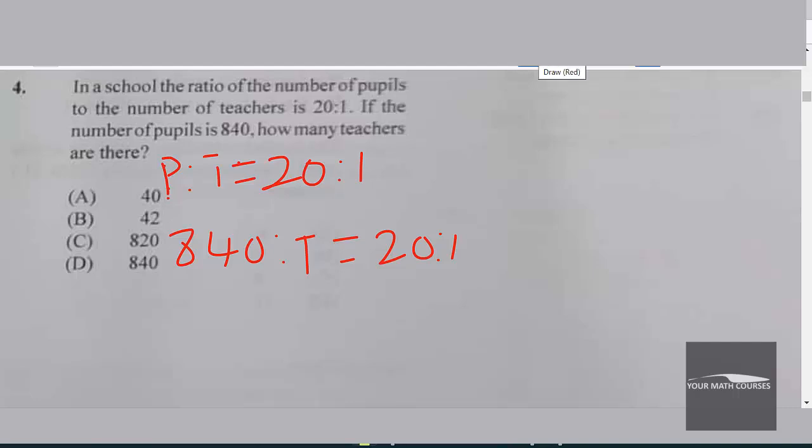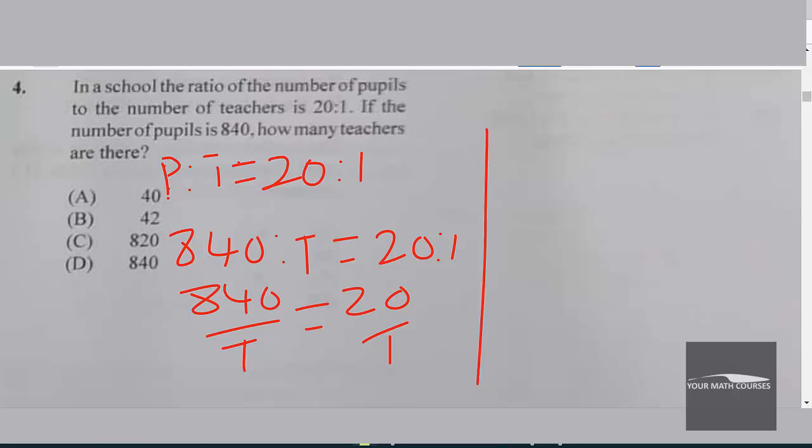So we can rewrite the ratio as division. So 840 over T is equal to 20 over 1. When you cross multiply, you get 20T is equal to 840.